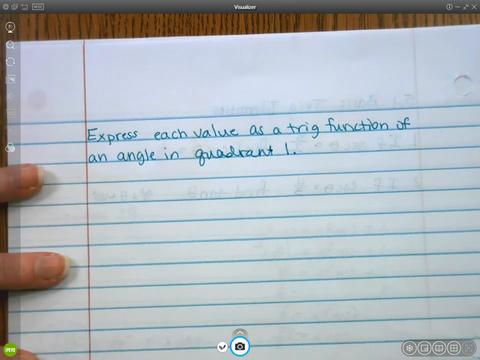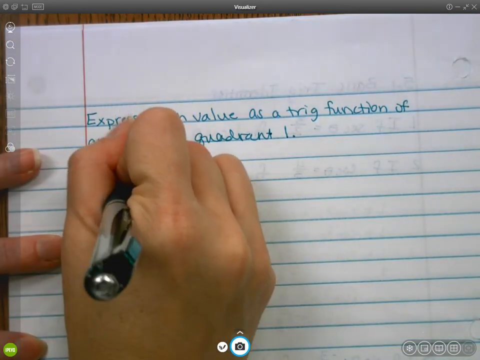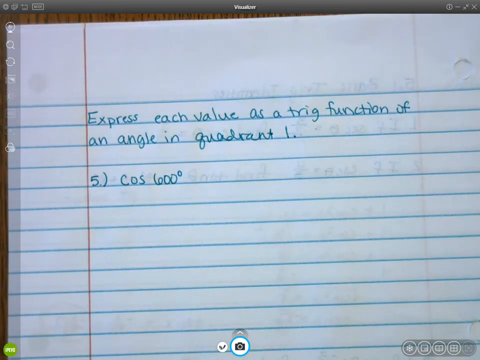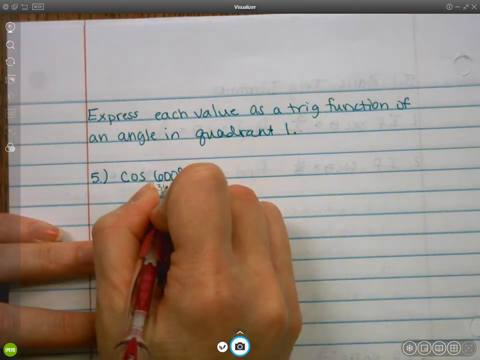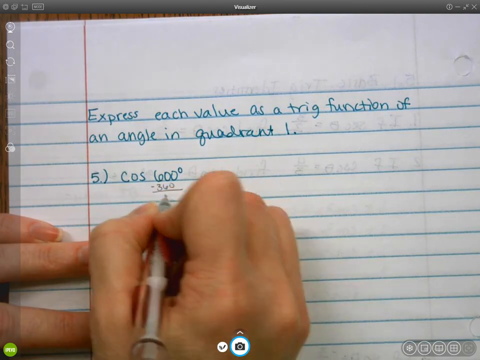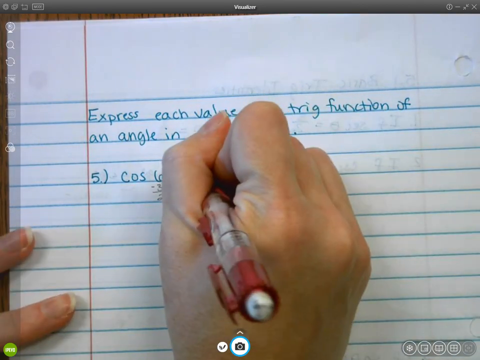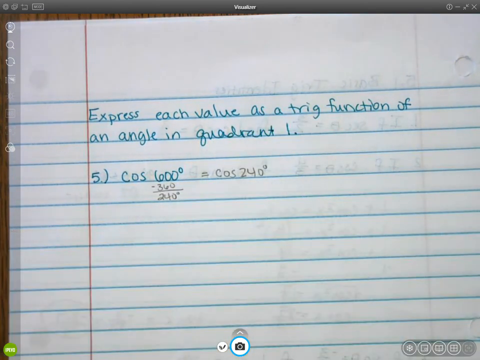Alright, so number 5, we have cosine of 600 degrees. Our first job is, do we know what cosine of 600 degrees is? First of all, subtract 360 so that you're inside the unit circle. So we're really dealing with cosine of 240. 240 degrees is not in quadrant 1, but let's just think.